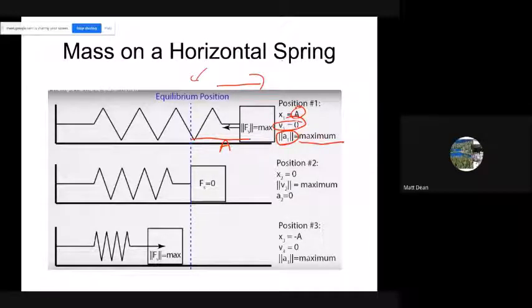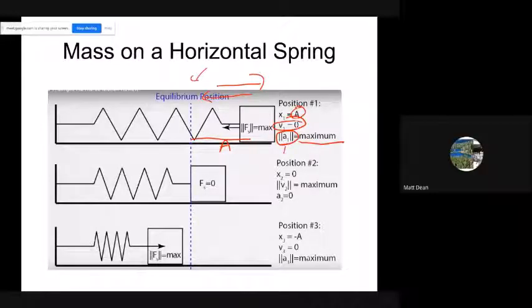If we let this thing go, as soon as we let it go, the displacement is at a maximum. And remember, the restoring force is proportional to the displacement. So if the displacement is at a maximum, the restoring force is at a maximum. And the closer that thing inches back to the equilibrium position, the less the restoring force is going to be, and therefore the less the acceleration is going to be.